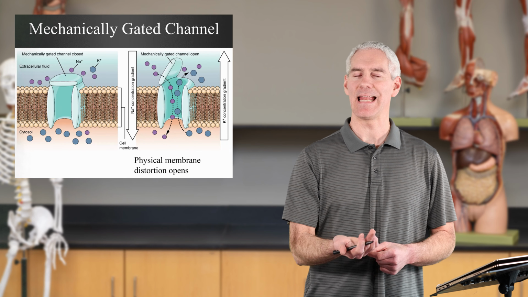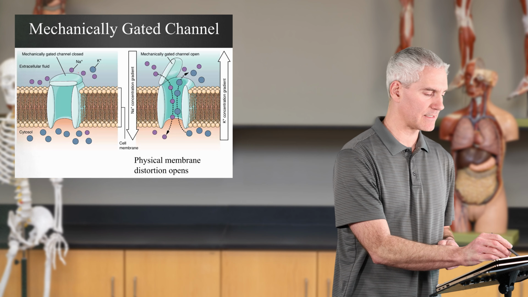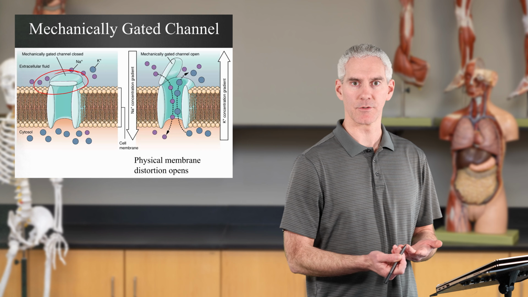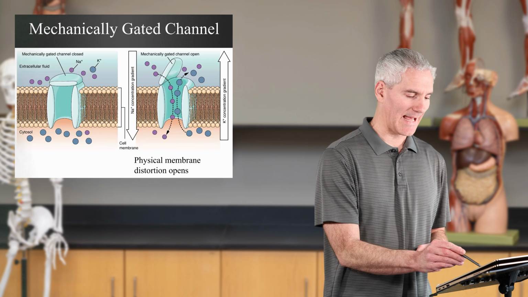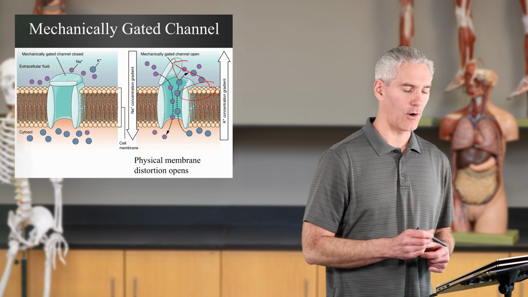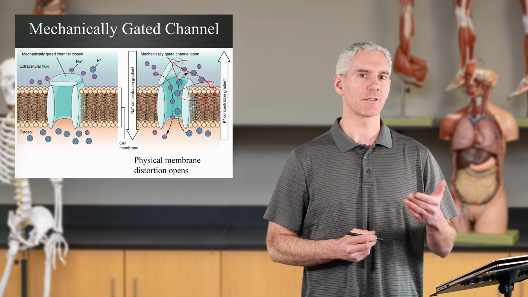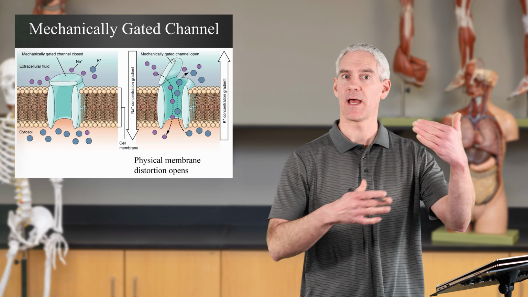And then the mechanically gated channel. The one on the left, if you notice, has the mechanical gate closed. Nothing's passing through. But on the right, if you notice, the actual membrane changed a little bit and it popped that open. It kind of almost pushed it so it popped open. There was a physical distortion of the membrane. That then allows the ions to pass through.